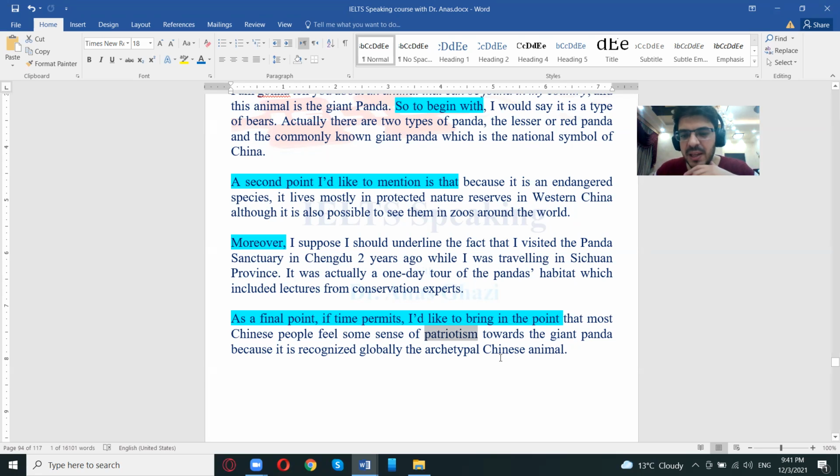Yes, towards this giant panda, because it's recognized globally as the archetypal Chinese animal. Archetypal يعني النمطي. يعني الباندا دائما الناس بتربطه بالصين.